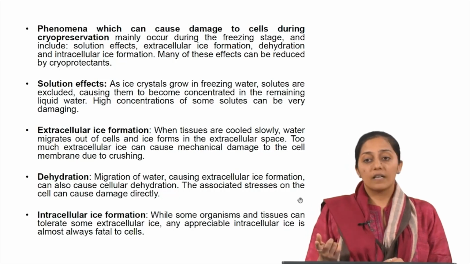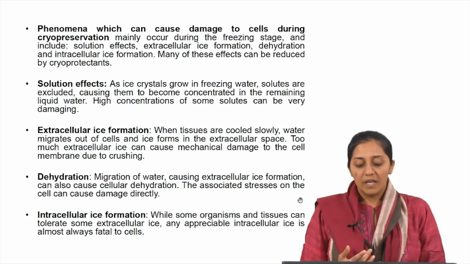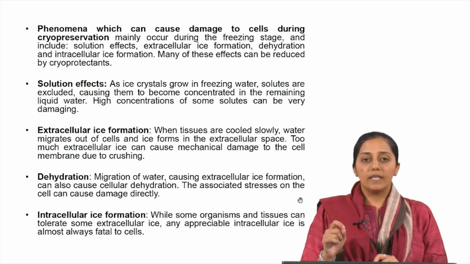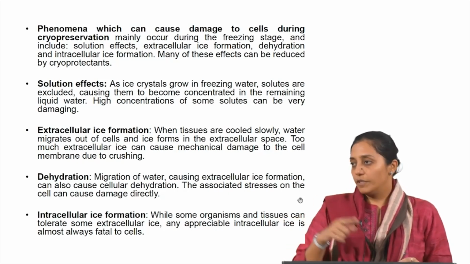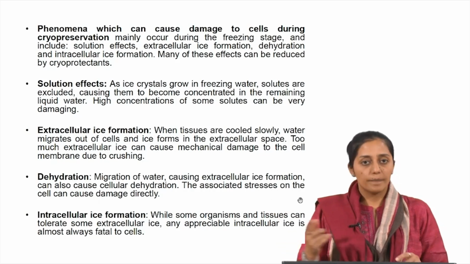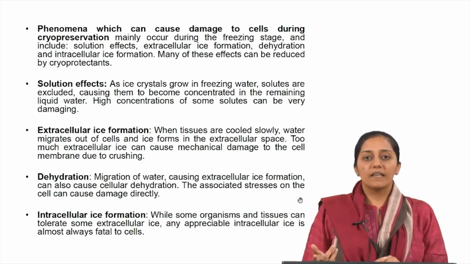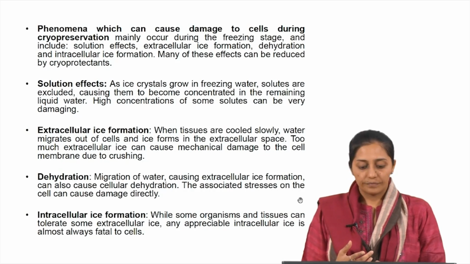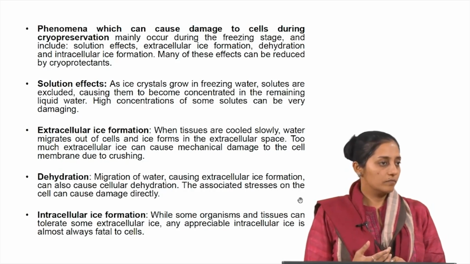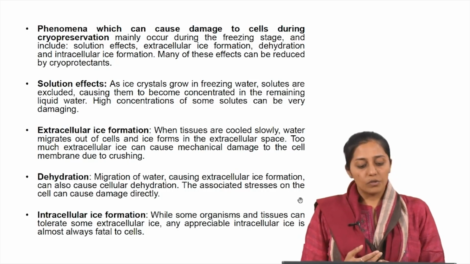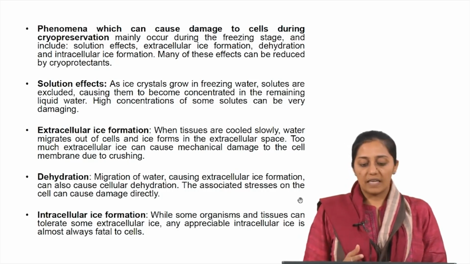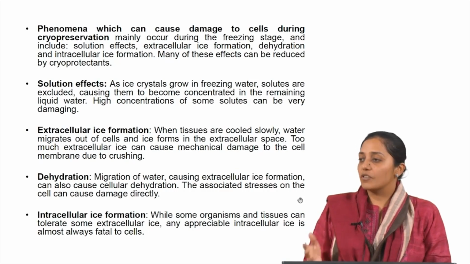Now, extracellular ice formation, how is it happening? When tissues are cooled slowly, water migrates out of the cell. We know because of the osmosis. Now, as the water migrates, it will cause dehydration. When tissues are cooled slowly, water migrates out of the cell and the ice forms in the extracellular space.